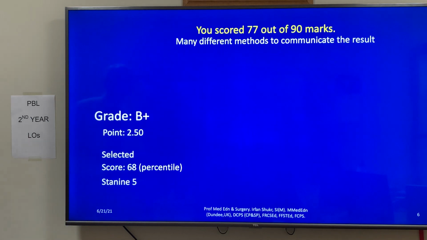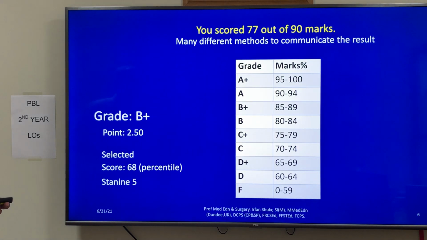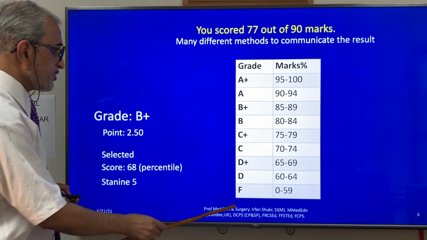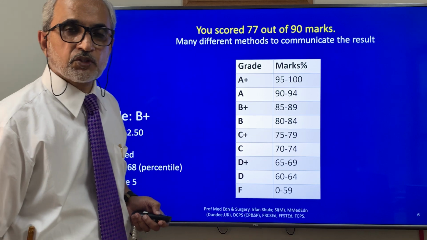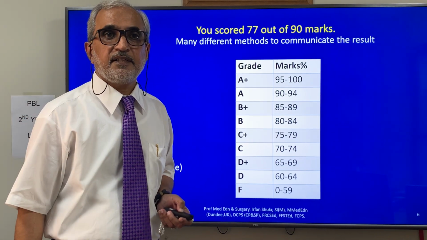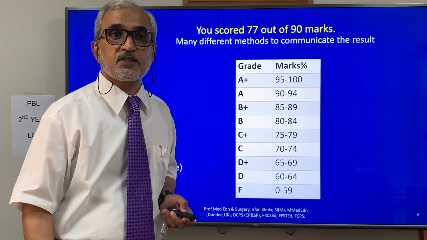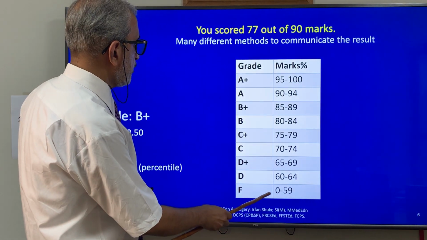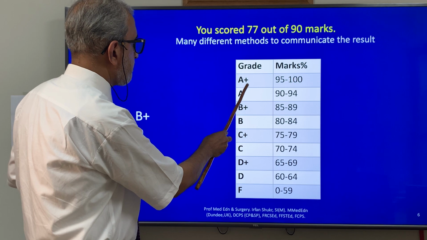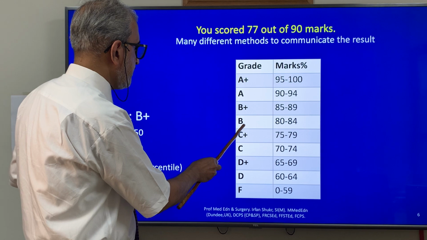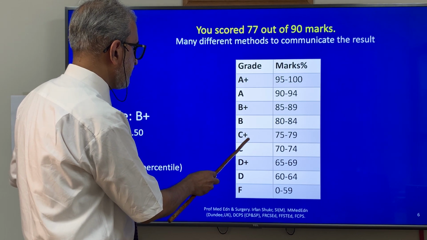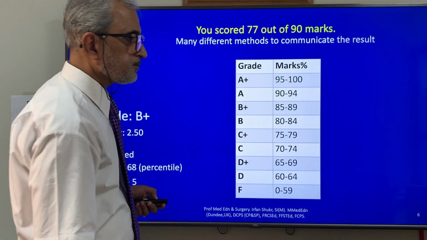So let us understand grade B+. Now we know that we have decided this. Anybody who scores between 0 and 59% is F, fail, because the standard setters have decided that 60% is the passing score, and anybody who scored between 95 and 100 will get A plus grade, then A grade, B plus grade, B grade, C plus grade, C grade, D plus grade, D grade.